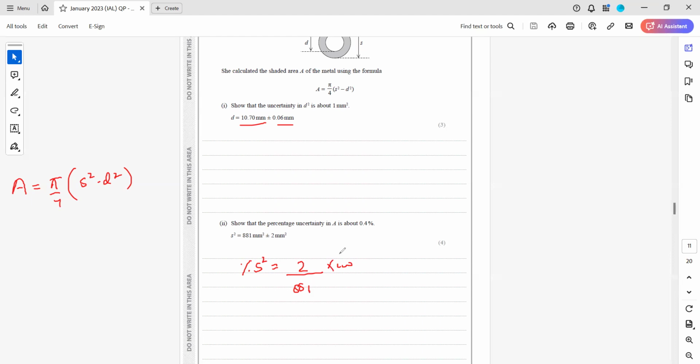So this will be 2 multiplied by 100 divided by 881. This will give an uncertainty of only 0.22%.